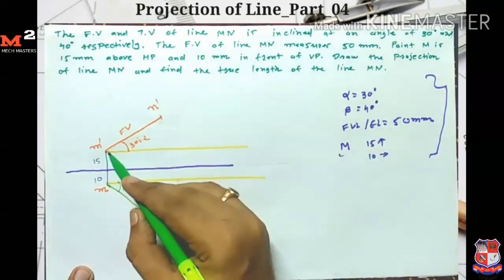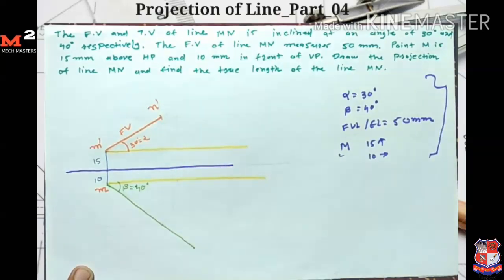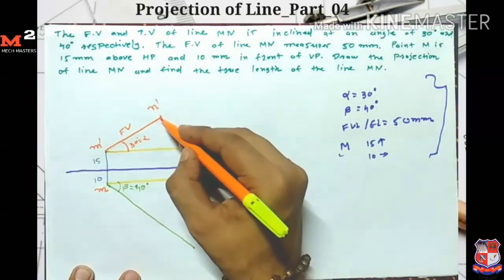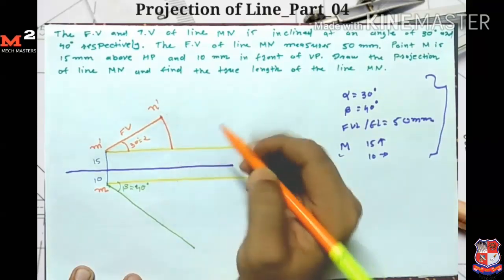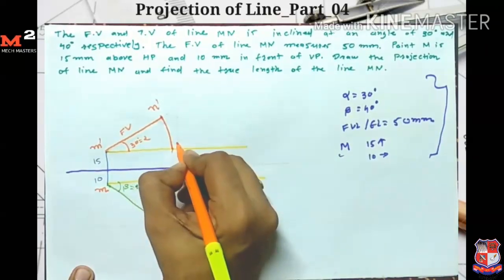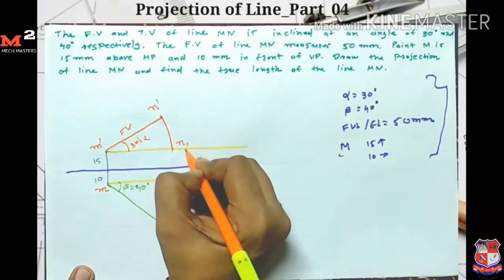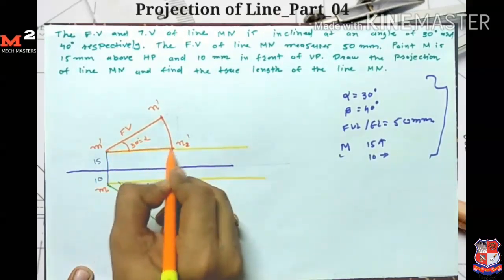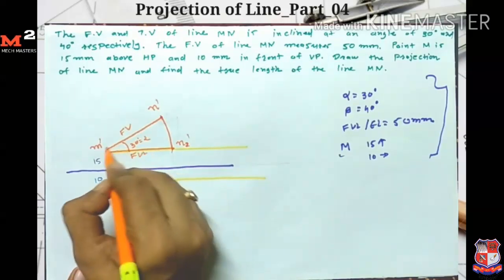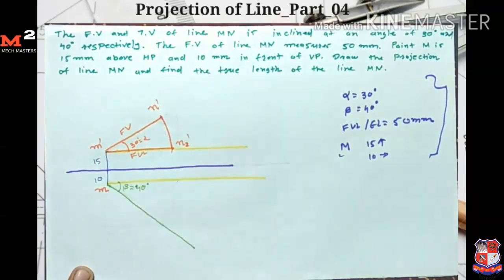Now here I present all the data. From the front view length I draw one arc, because we draw the arc from the front view and top view length. I draw one arc here which intersects here. Here I give the names N1, N2 dash. This is my front view length, which is given as 50 mm.